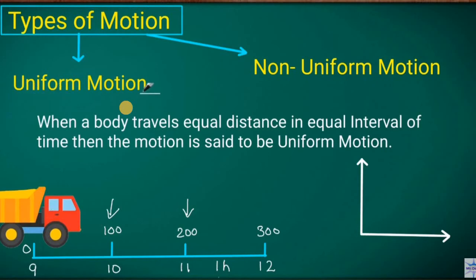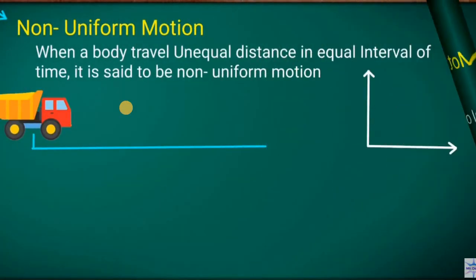So if we draw the graph of this time versus distance, then we get a straight line graph. Suppose on the x-axis we are taking distance and on the y-axis we are taking hours. So we get the straight line graph.